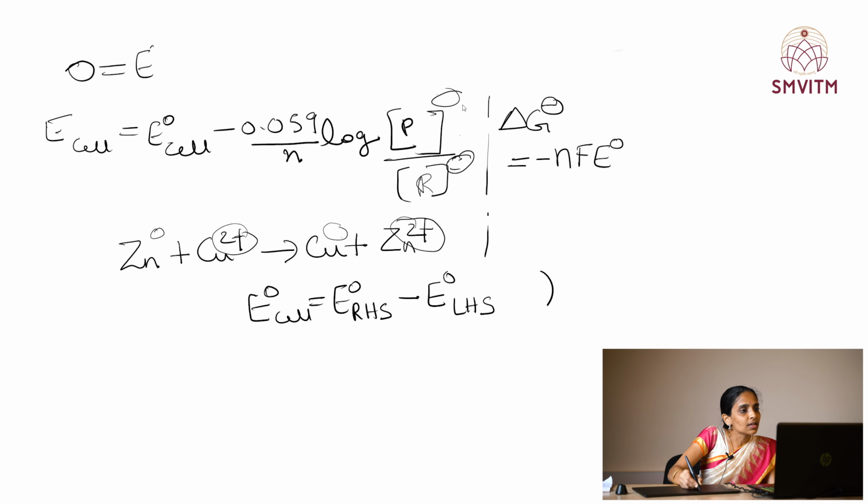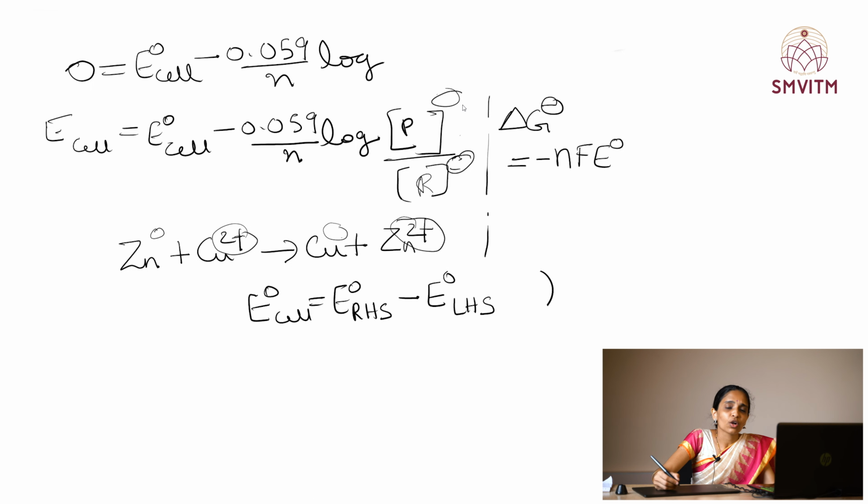E naught cell remains as such. Then the rest of the terms are written as before in the Nernst equation, but the product by reactant term at equilibrium becomes the equilibrium constant. Is it not? So this is the modified formula for calculating equilibrium constant.